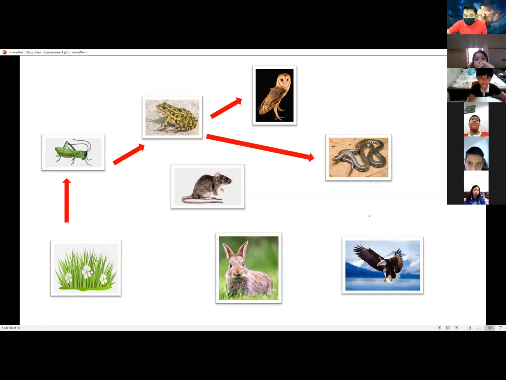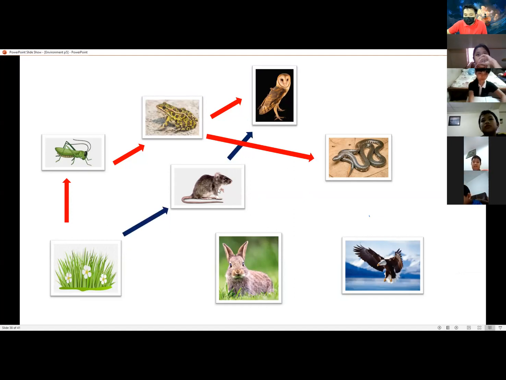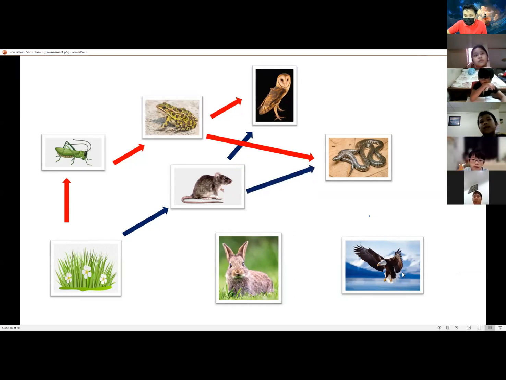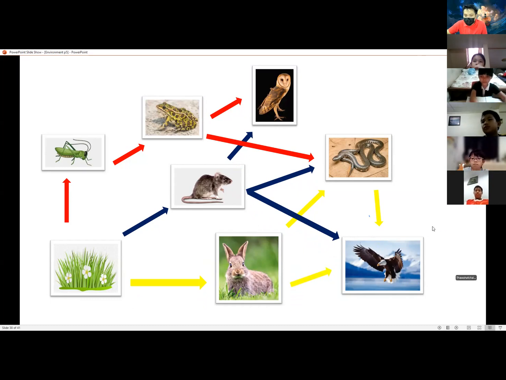Okay. Next. Grass, rat, last. Snake or owl? Owl first. Then grass, rat, last, snake. Grass, rabbit, snake. Eagle. Grass, rabbit, eagle. Good.